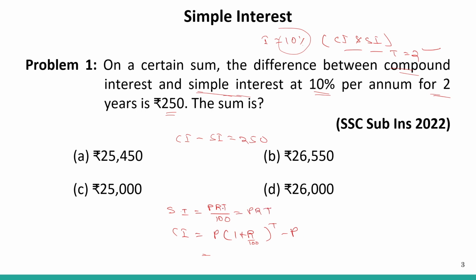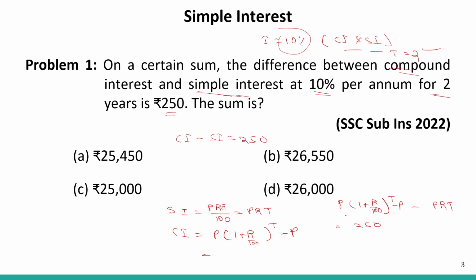So we are given that P into 1 plus R by 100 whole power T minus P, whole minus PRT, is equal to 250.